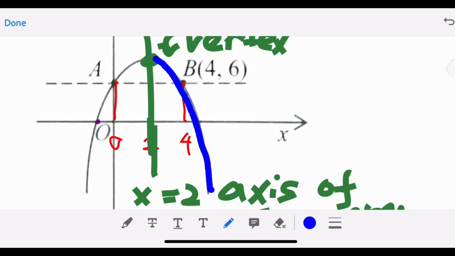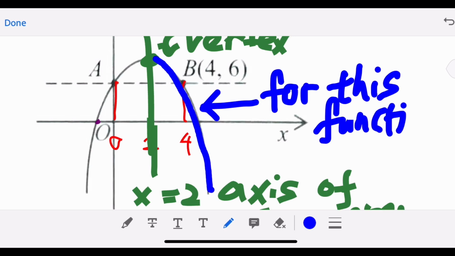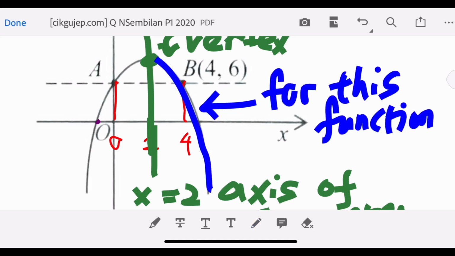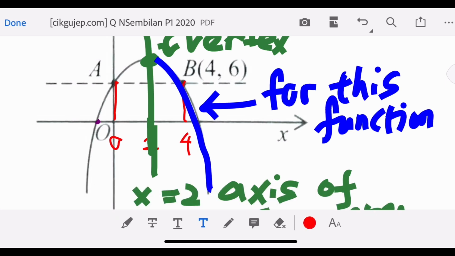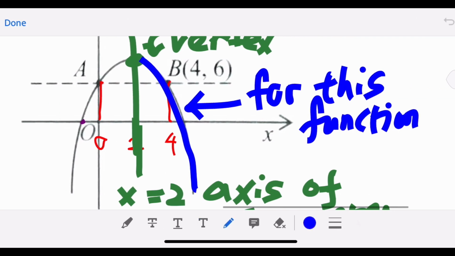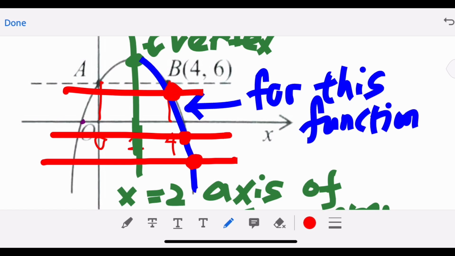So now I will highlight the part where we have a function that has only one object and one image. So this part of the blue line is actually a function. It's a one-to-one relation. The question is asking for the domain of x, which is the corresponding x value for the blue graph.